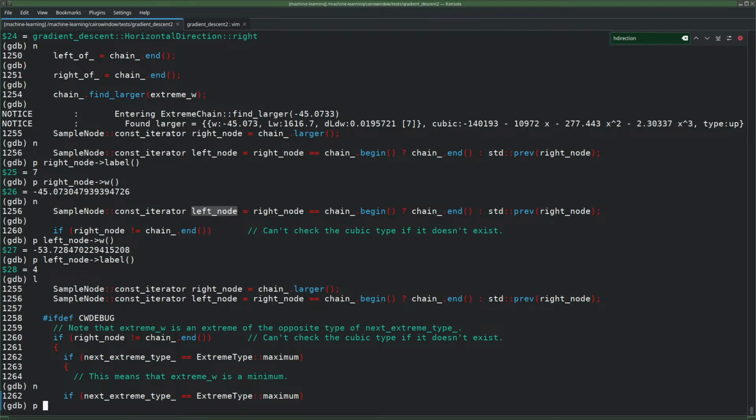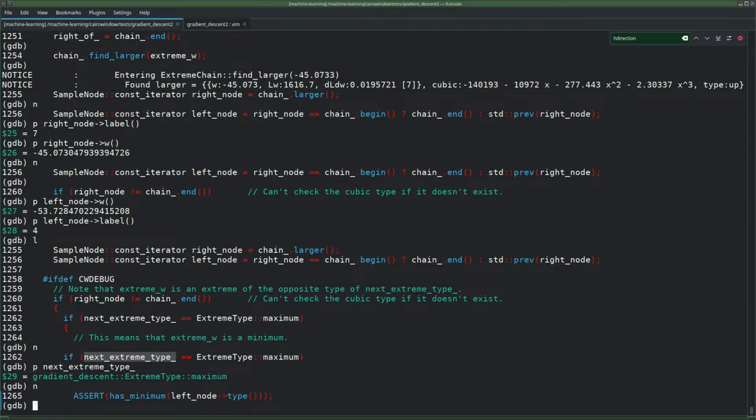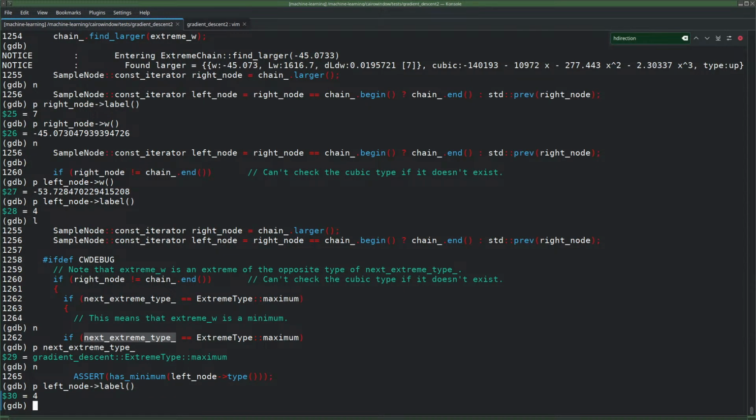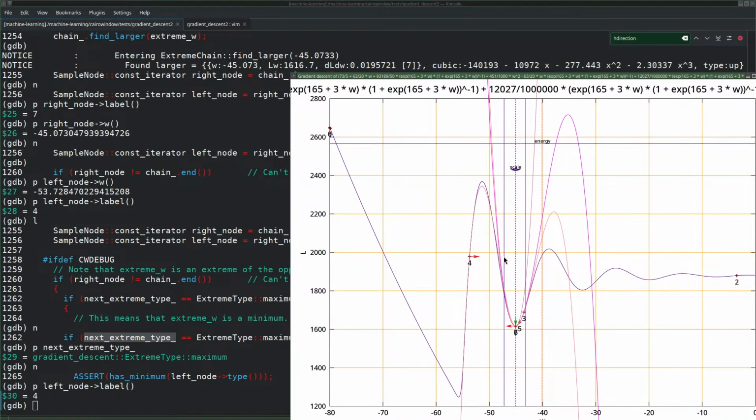That is the case. We're now going to look for a maximum. That means that left node must have a minimum, it says. Yeah, so left node was 4. So this is on the left of the current minimum here. Therefore, this cubic has a minimum.